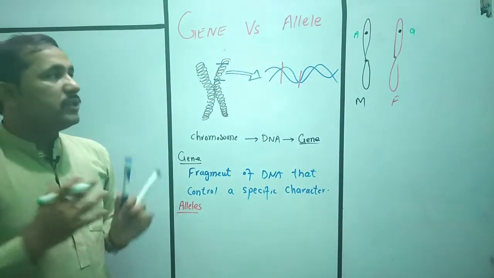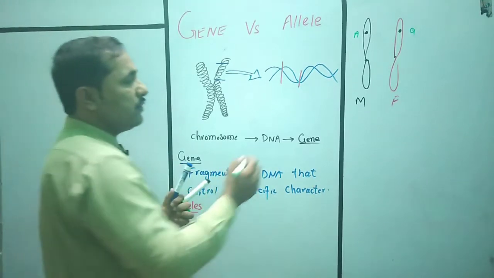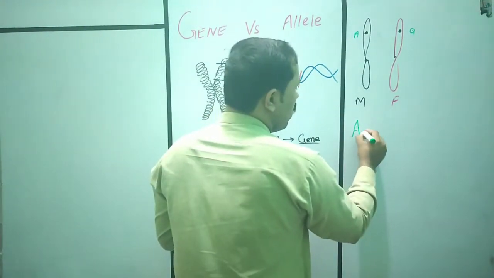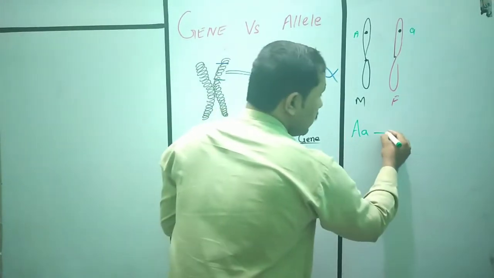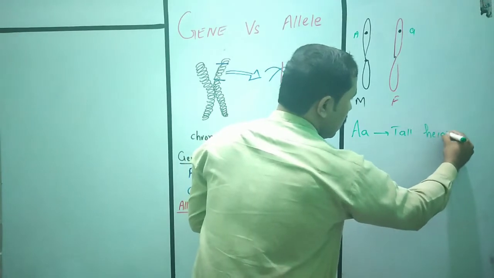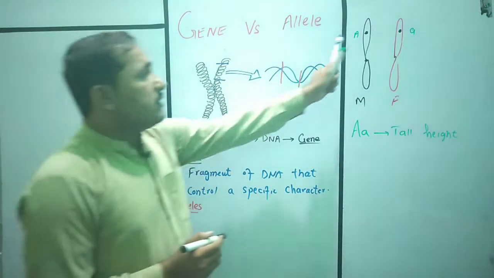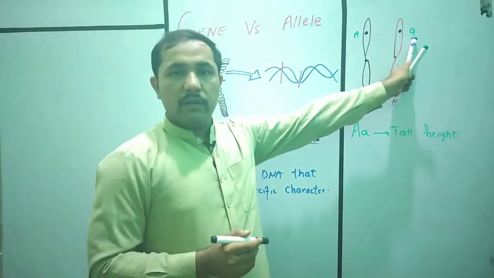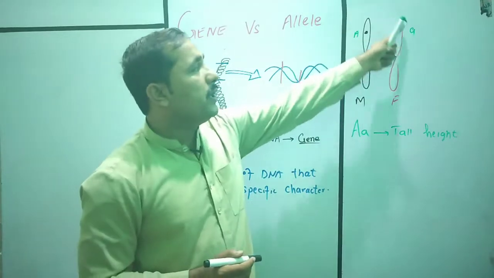Let's suppose this is the gene for height, tall height, and when an individual or plant has this, it has tall height. This is capital A and this is small a. If capital A is present, it is completely dominant over small a.